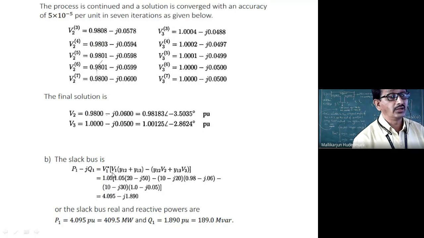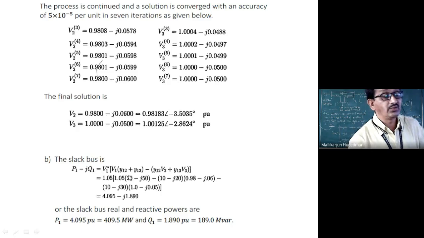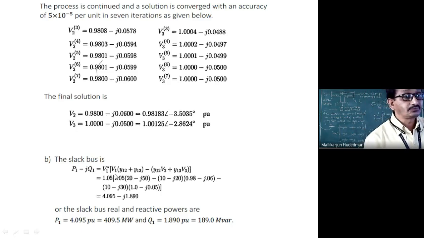V1 conjugate and the current. This is nothing but V1 I1 conjugate. You may split it up. What is this exactly? You can see here, it is written as V1 outside, with Y12 and Y13. Taking the first and second terms, what is common here? V1 minus V2 into Y12, and V1 minus V3 into Y13.